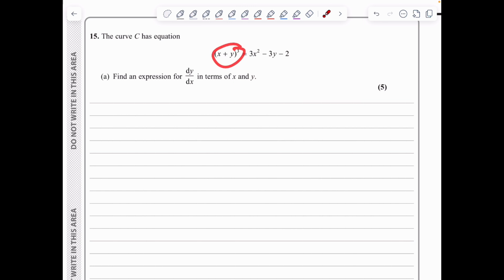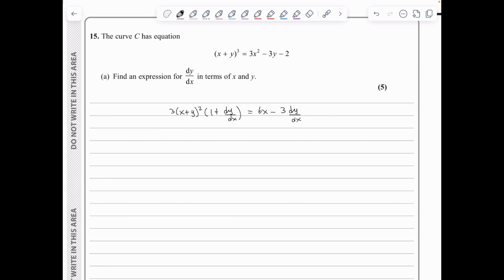So the derivative of (x + y)^3 will be getting the power down, deducting 1 from the power, times the derivative of the bracket. Well, the bracket is x + y, so it's going to be 1 + dy/dx, and this is equal to 6x - 3 dy/dx, and the -2 vanishes because it's a constant.